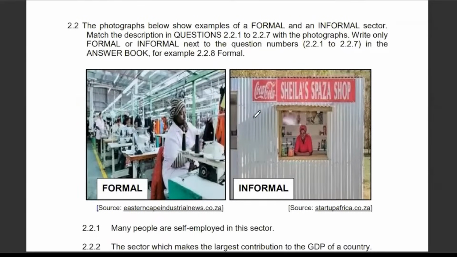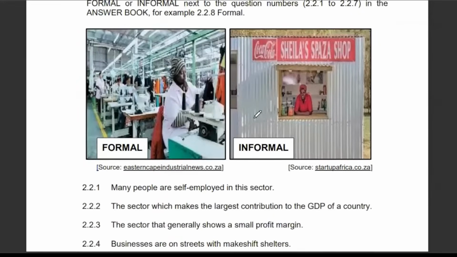2.2 is giving us examples of formal and informal sectors. Right, what you call the formal sector, those are registered businesses which pay tax to the tax authority, which is the South African Revenue Services. And the informal sector, we are looking at unregistered businesses, and those businesses do not contribute towards the tax revenue to the tax authority.